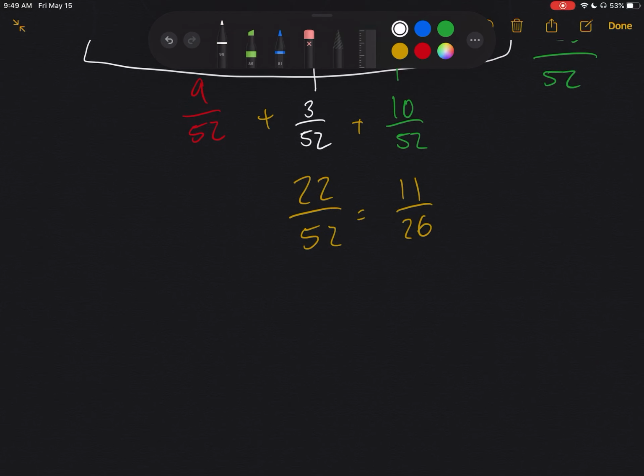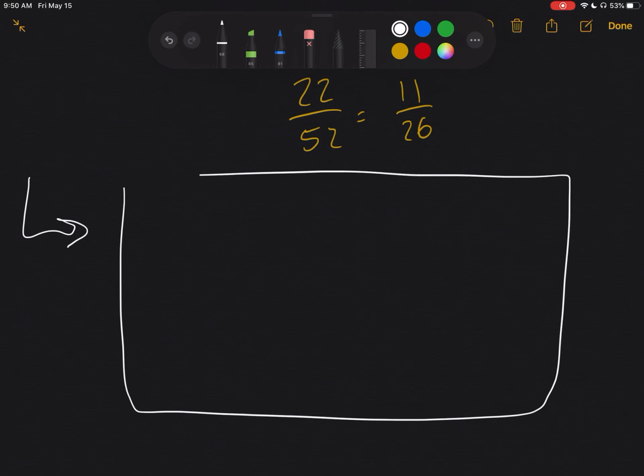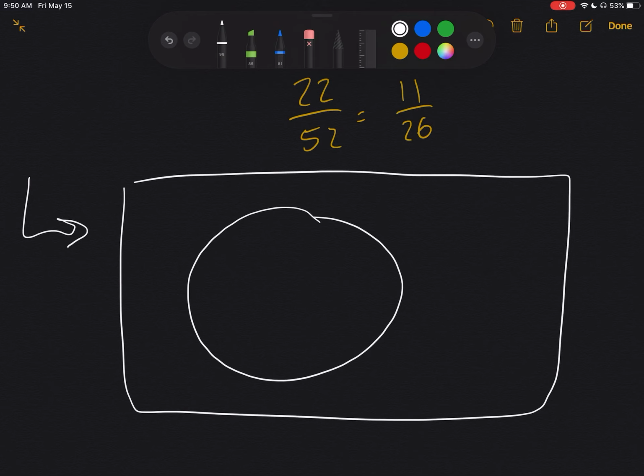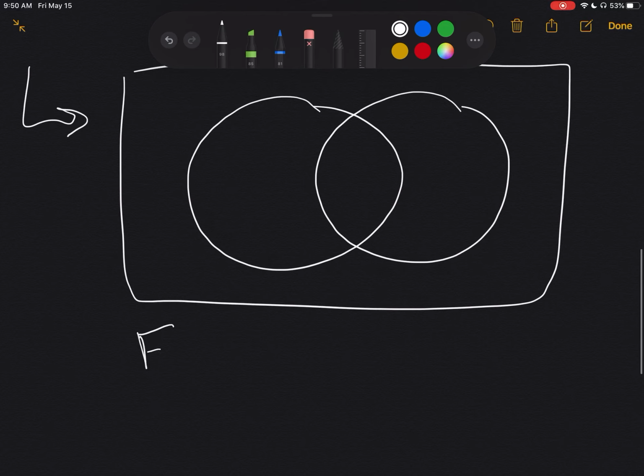We could also do the same thing with dice, although maybe I should have started here because this will be probably a bit more simple. But I've got my entire sample space, okay? And I want to roll the dice, and I want to get something that's either even or prime, okay?